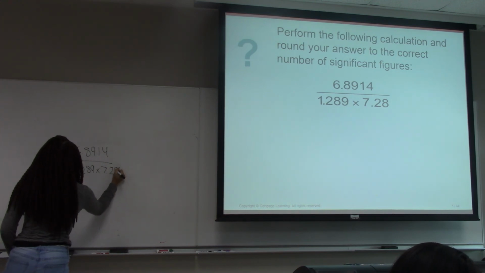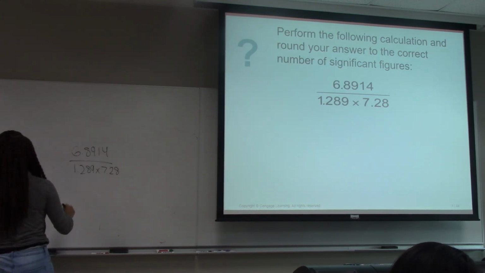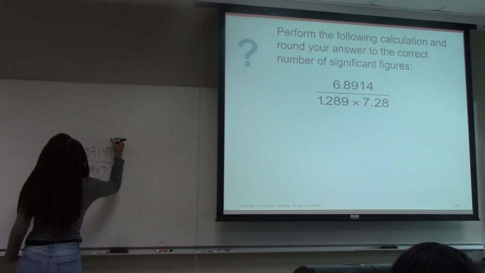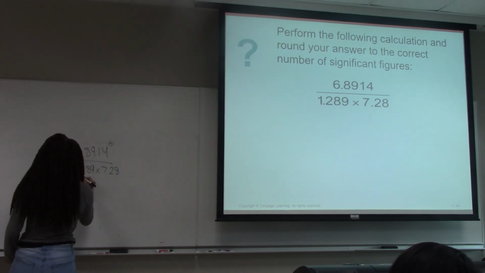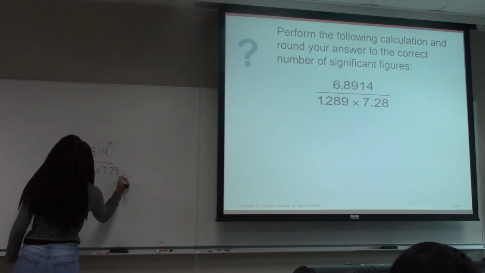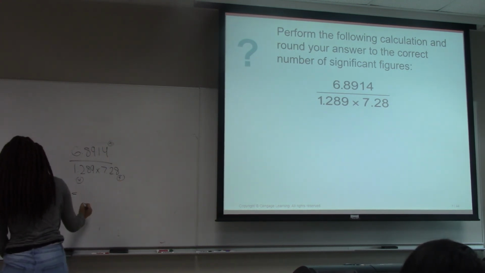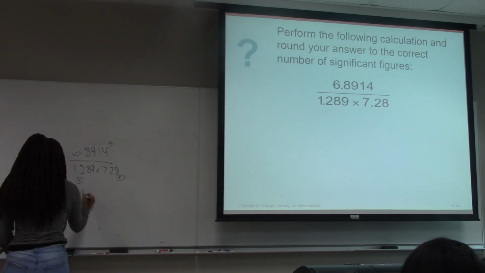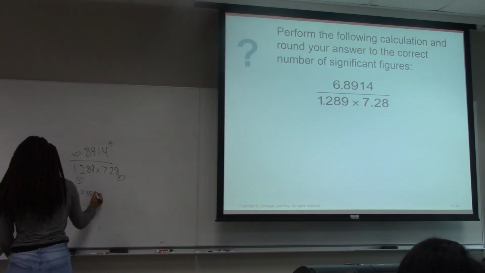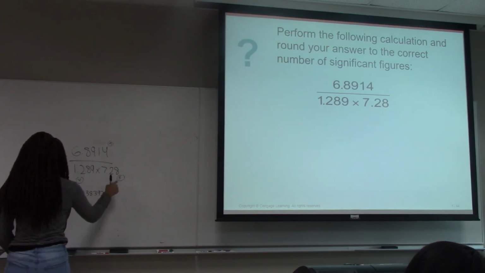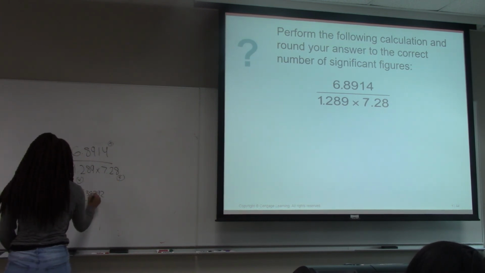Anybody needs help? So since it's multiplication and division, you look at the significant terms. So it's 1, 2, 3, 4, 5. This one has 5. This one has 4. And this one has 3. So when you multiply these two, it equals 9.38392. And the least significant term is 3. So you take 3 of these terms and you get 9.38.